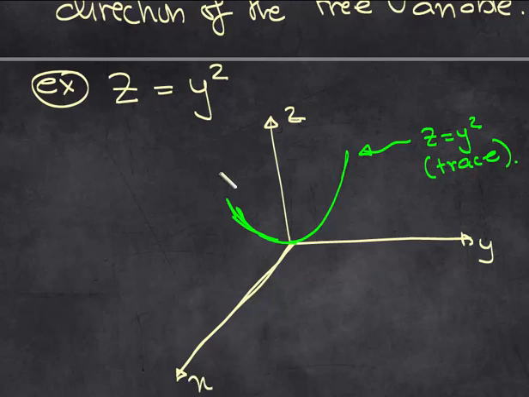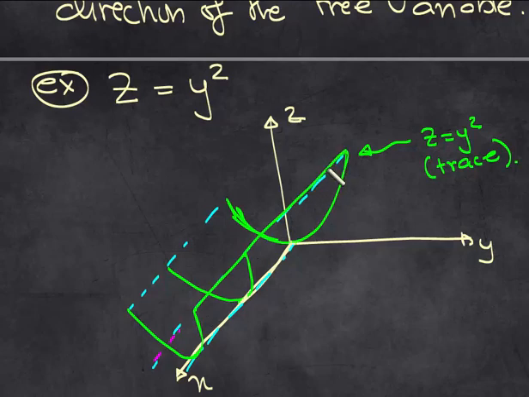So I'm going to take this and just drag it out in the x direction. You'll basically get shapes like this. If you start connecting all of these green curves, you'll get a sheet that's folded in a U shape.